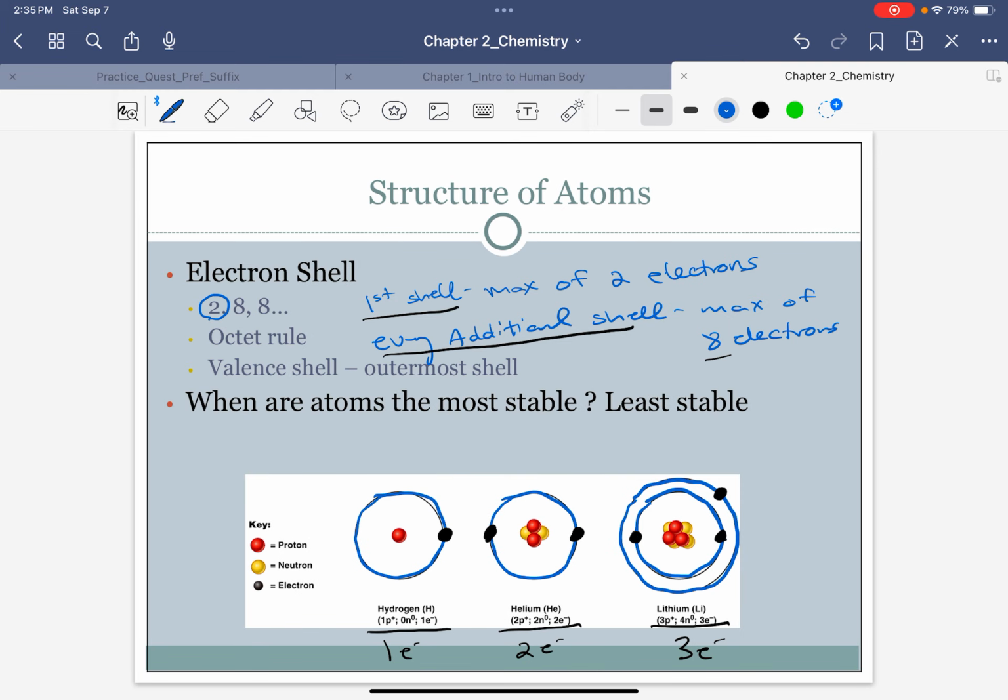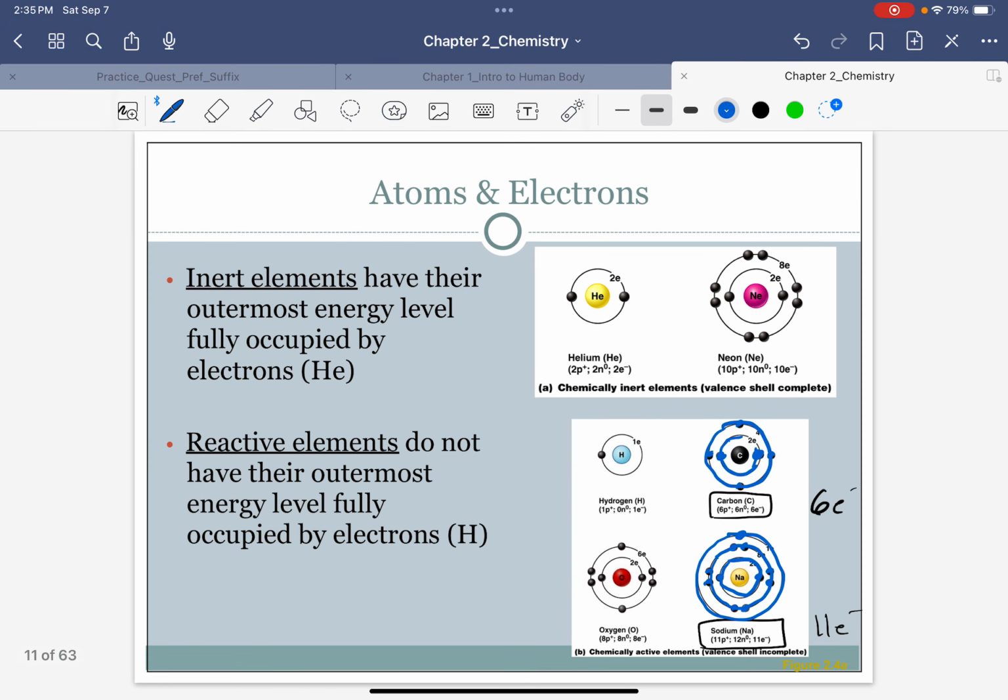Last thing before I end this video, I'd like you to have an idea of when atoms are the most stable and when atoms are the least stable. You don't need to know the specific words inert or reactive, but let's just talk about most stable versus least stable.